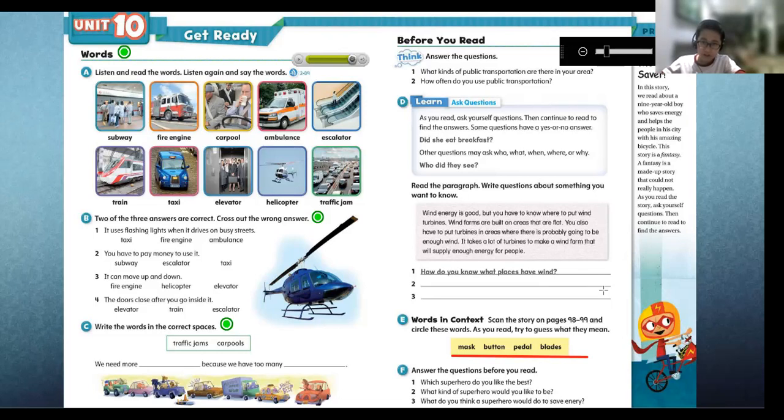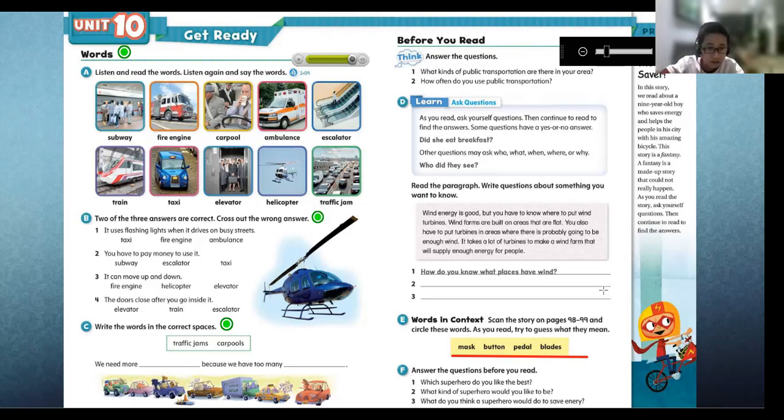Blade is like a propeller, like the one in wind turbines.